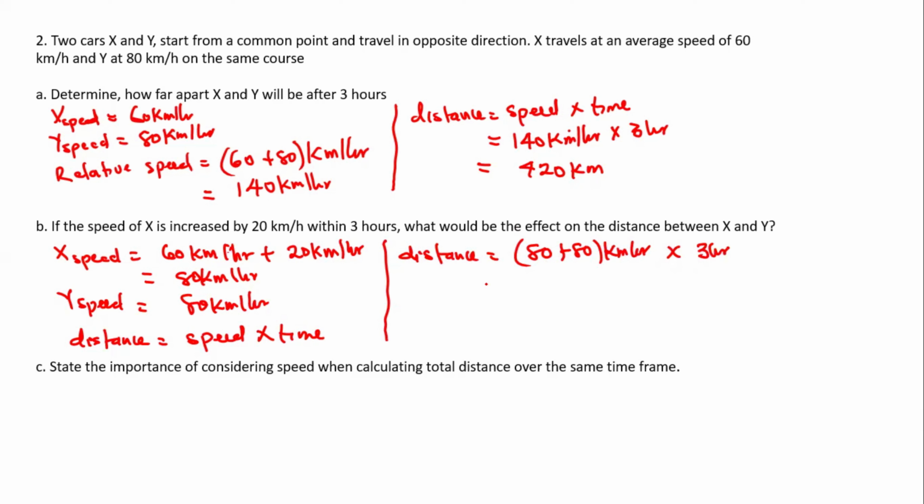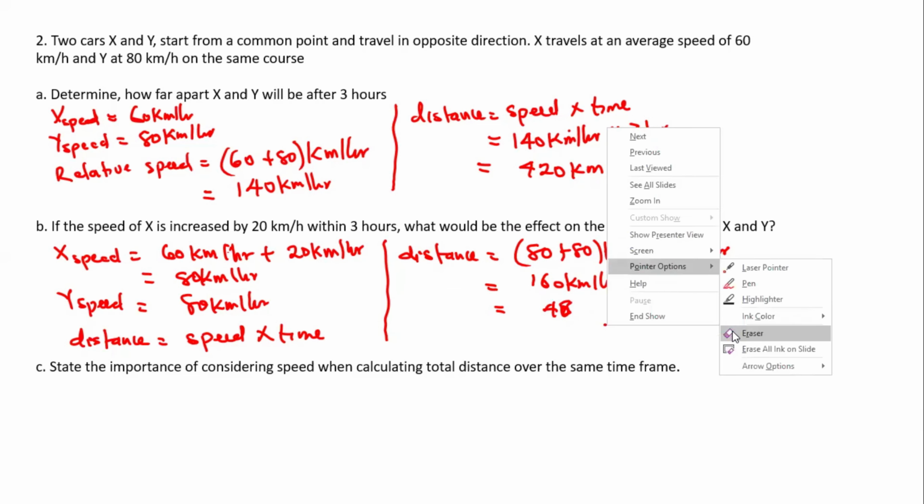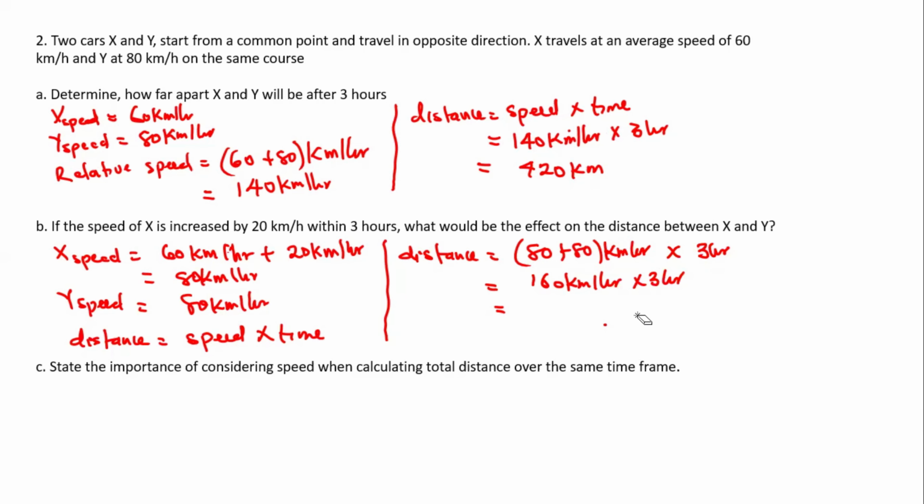So 80 plus 80 is 160 kilometer per hour times 3 hours. If you multiply that, 160 times 3 gives us 480 kilometer.